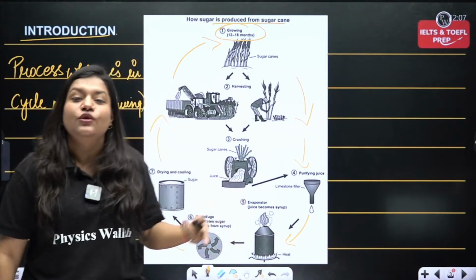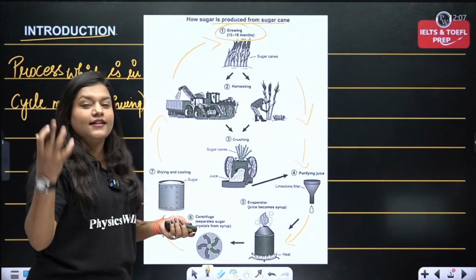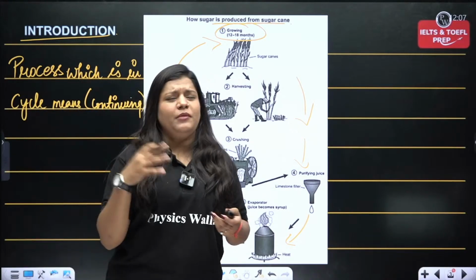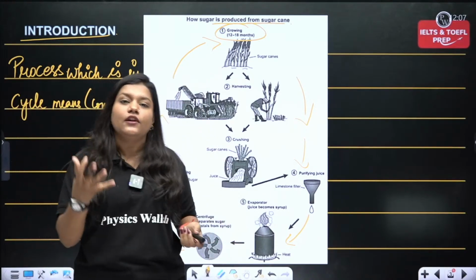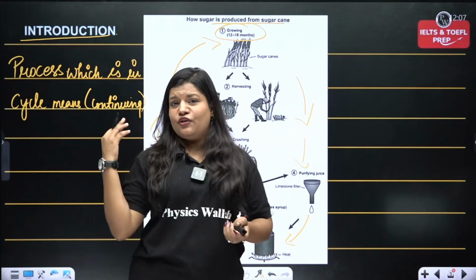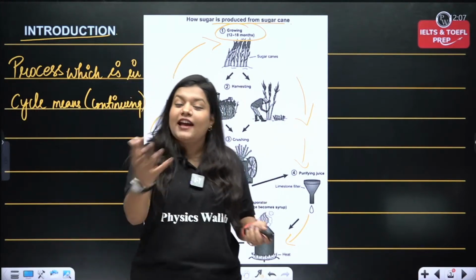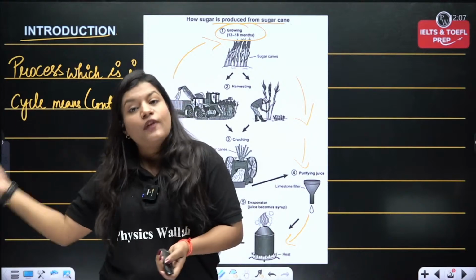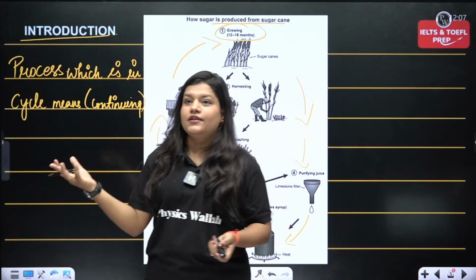It has a tendency that it continues in nature, and majorly we talk about a process or a life cycle. At times you can see a life cycle of an insect, a life cycle of a bird, a life cycle of any animal, or a process of manufacturing something. Okay, this is how it goes.